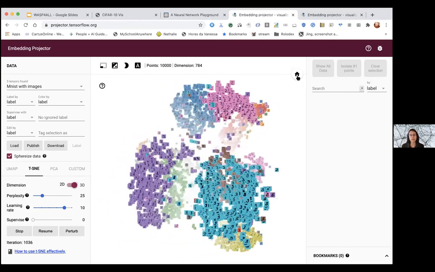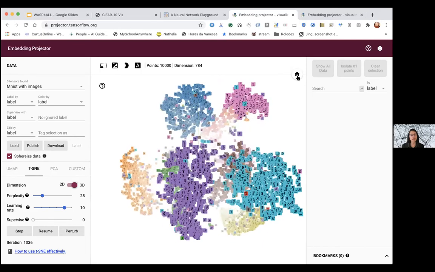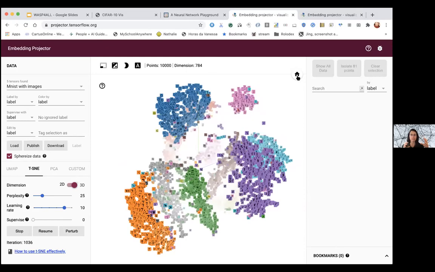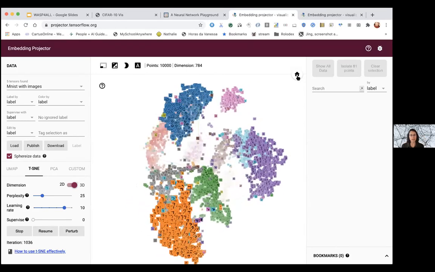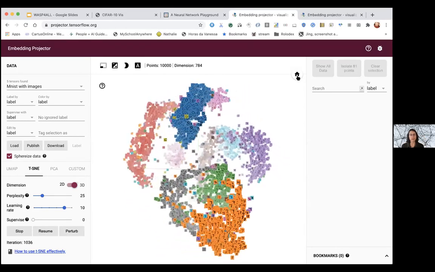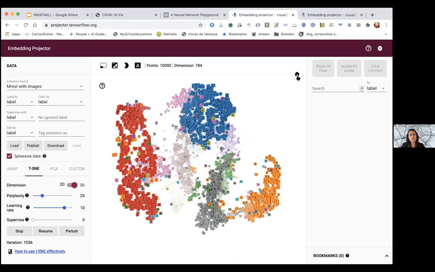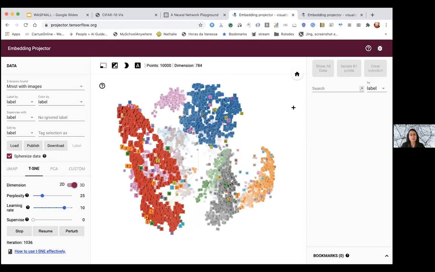Another thing that's interesting about this is that the cluster of ones, once it gets here to the front, it's coming up on the left there in red. The cluster of ones is an interesting shape in itself.